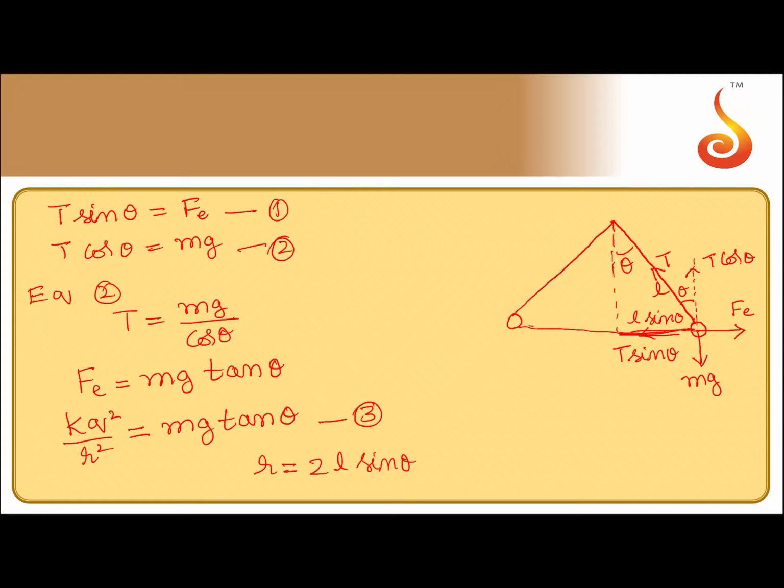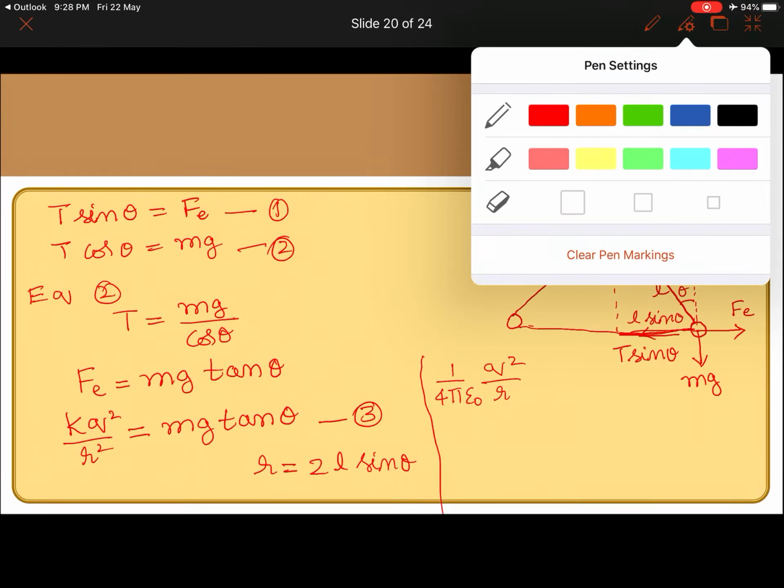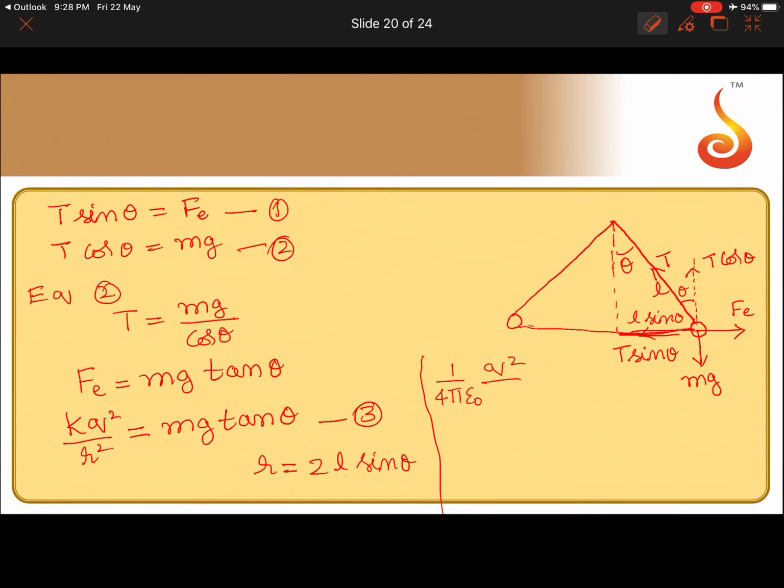Now, substitute for r in this. What we have is 1 by 4 pi epsilon naught, q square by r square. r is what? 2L sin theta, whole square, is equal to mg tan theta, right?